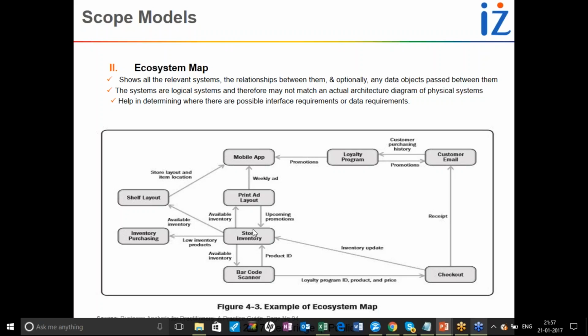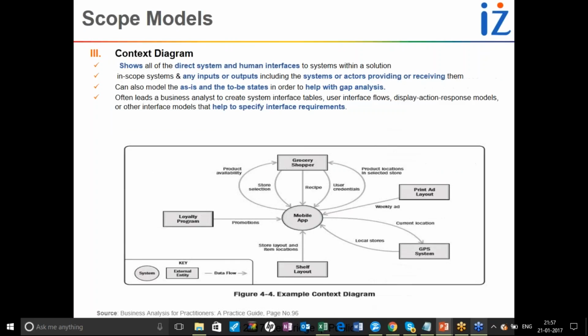So this is the scope model, where you can see the systems which are involved, the top level data, and the top level interface requirements. These interface requirements and data requirements can be explored further using different models, which are the data models and interface models.